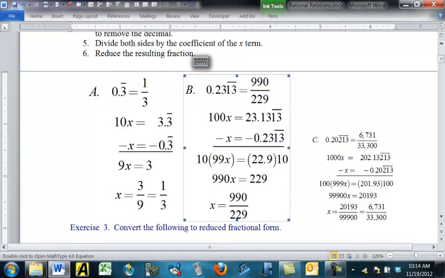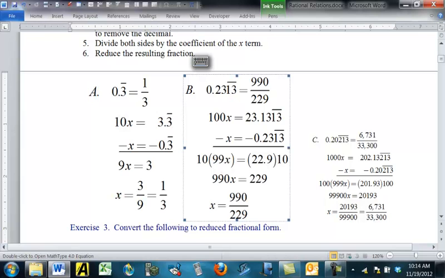What's left here? Well, let's see. 23.13 minus 0.23 is 22.9. And 100x minus 1x is 99x. Now we still have a decimal. Well, it has one place there in the decimal, so we're going to multiply by 10 to the first power, or 1 with 1 zero after it, on both sides. That's going to move the decimal over here, get rid of our decimal.